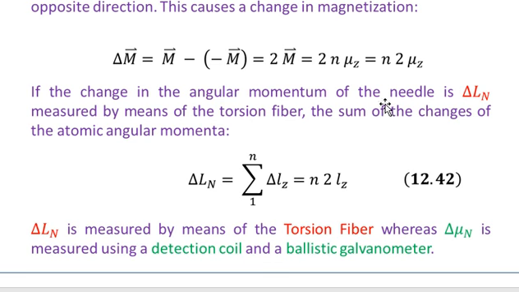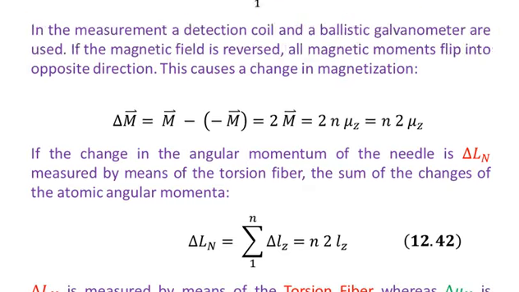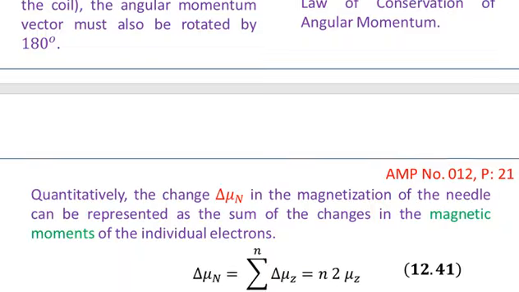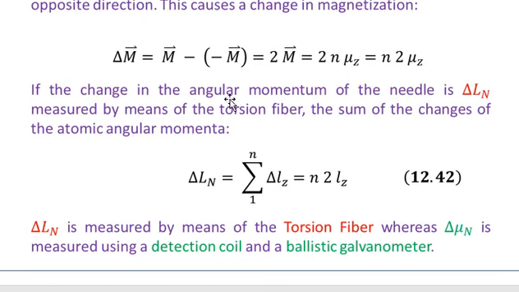If the change in angular momentum of the needle is delta Ln, the change in angular momentum of the needle measured by means of the torsion fiber, which we have shown in the experiment, for example, this thread is actually the torsion fiber, then it equals the sum of the changes of the atomic angular momenta, which is given by this relationship.